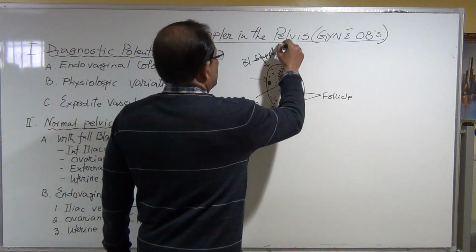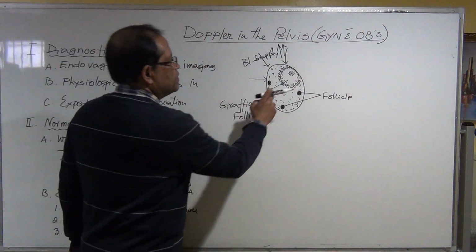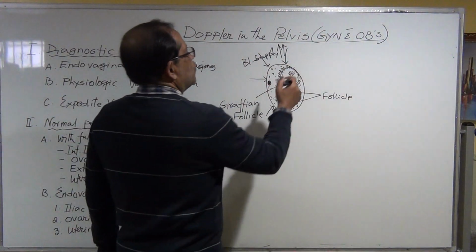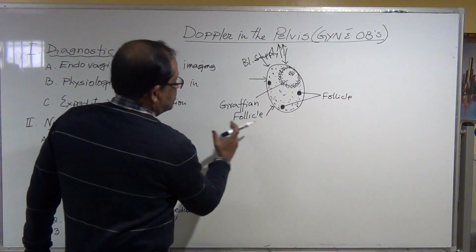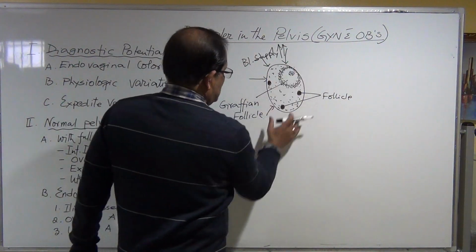So more blood supply to the ovary to give the nutrition for this Graafian follicle. And when this is the pre-ovulatory phase, and this is the ovulatory phase.